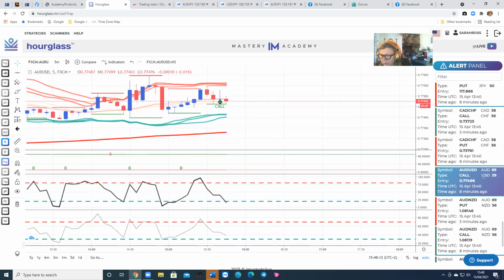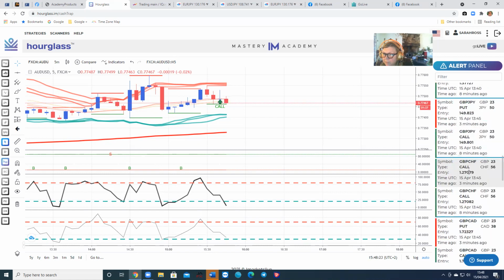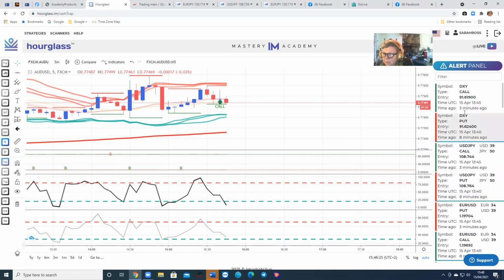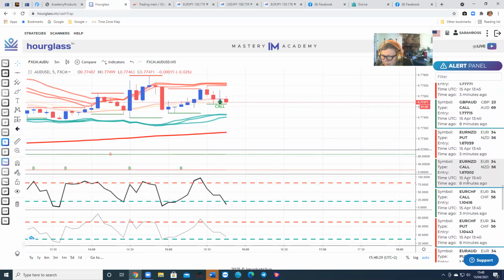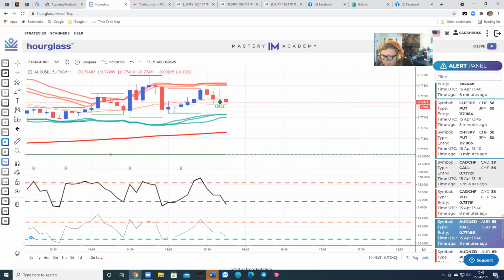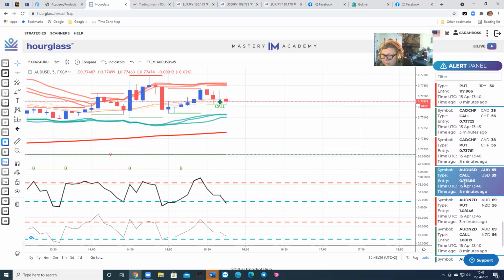HourGlass at 72%, Australian dollar at 69, US dollar at 39. 486, it was a call, but that doesn't fit in with the dollar also strengthening, which I do believe it's going to carry on doing.